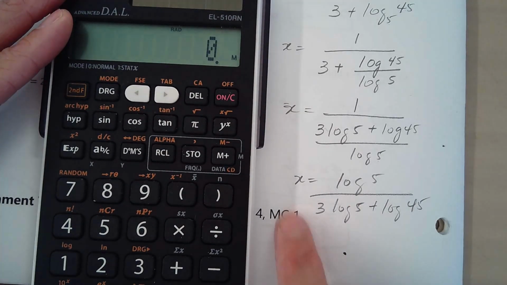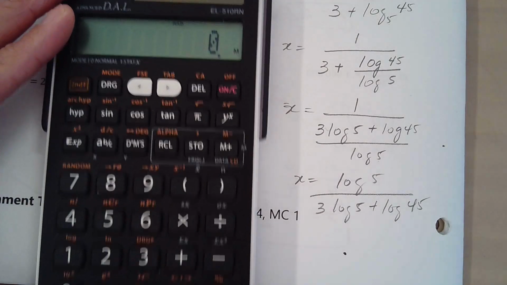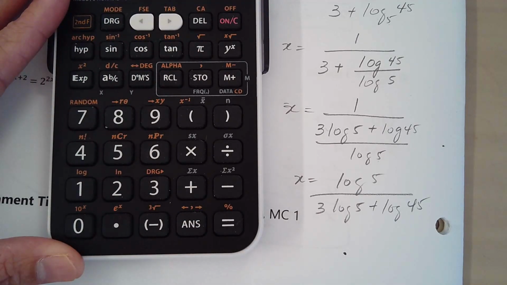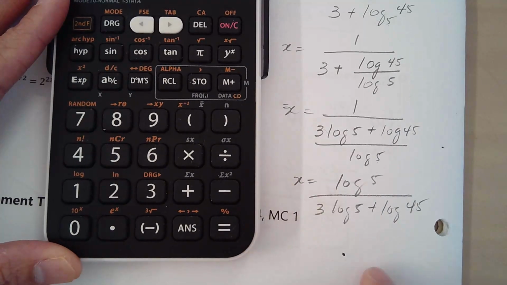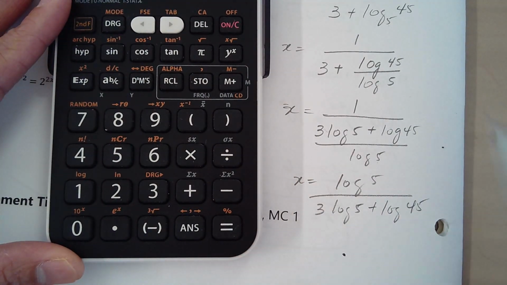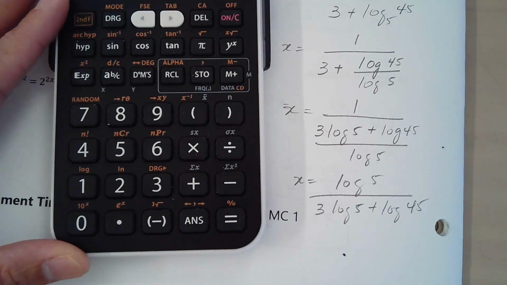Does everybody have an answer button on their calculators? Yeah? Okay. I think most calculators now have an answer button. So this is how I would approach it. You don't have an answer button? Second function equals? Can I see?